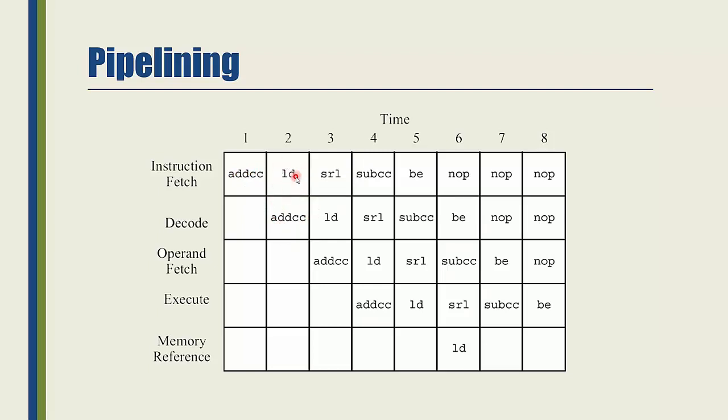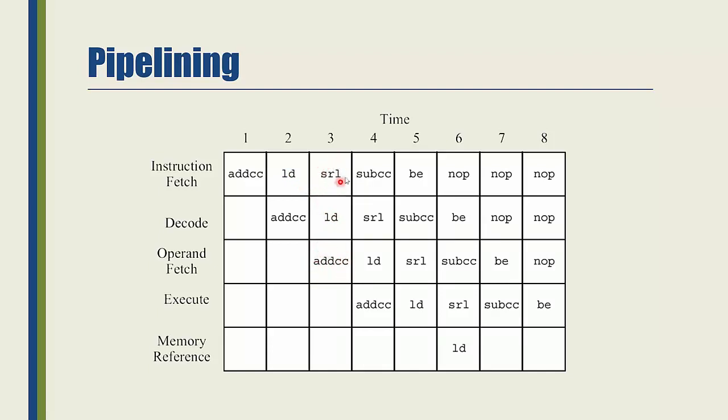The second instruction can be fetched without waiting for the first instruction to finish the whole thing. While the first is being decoded, we can fetch the second instruction. At time equal to 3, the second instruction is now being decoded, and the first one is to fetch the operand.